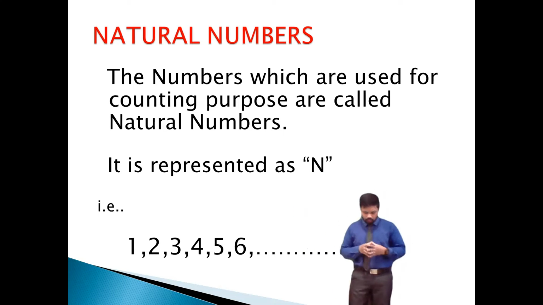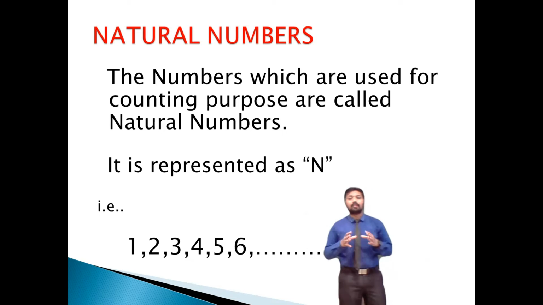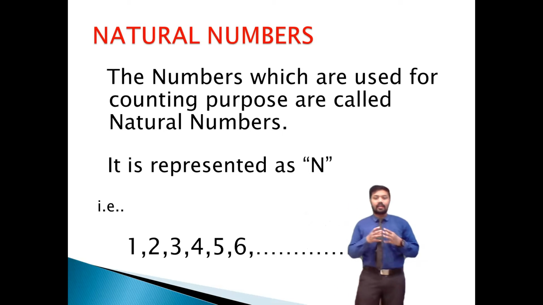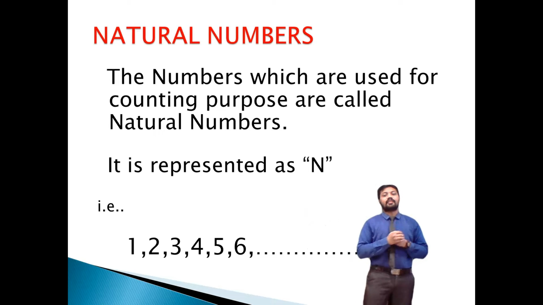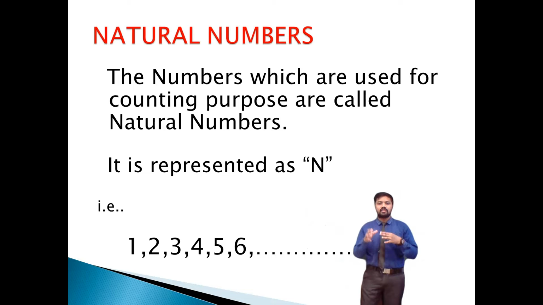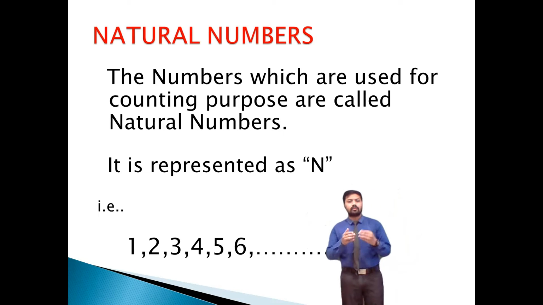This natural number system is denoted with the capital letter N. And you people may be wondering, sir, there is one more digit named 0. Why are you not considering 0 in the natural numbers?